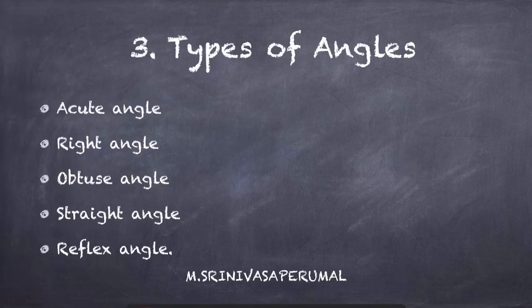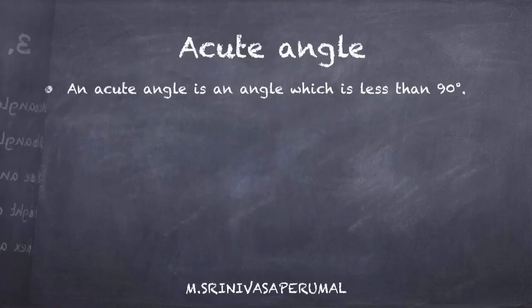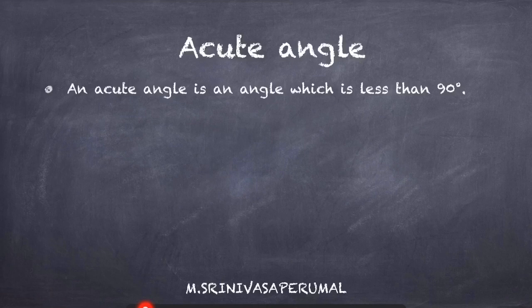Basic types of angles: acute angle, right angle, obtuse angle, straight angle, reflex angle. Acute angle means an angle which is less than 90 degrees. Any angle whose value is less than 90 degrees is called an acute angle.